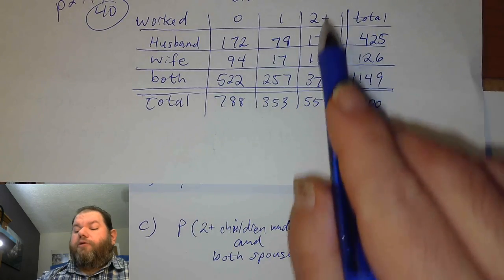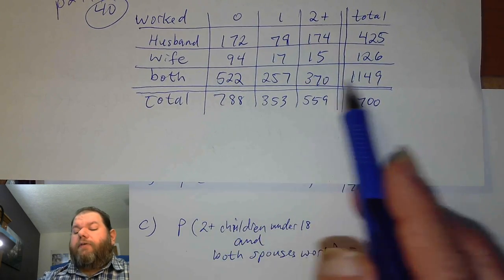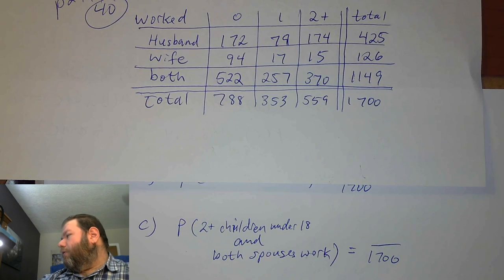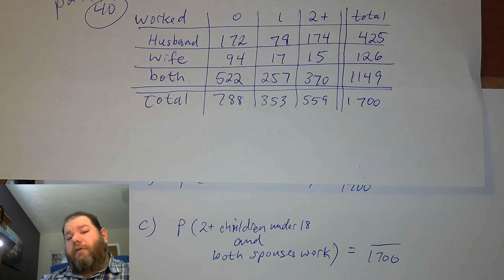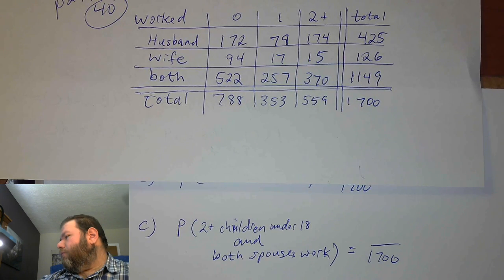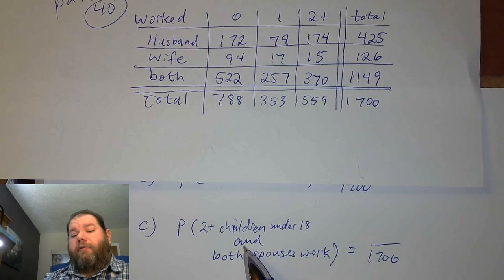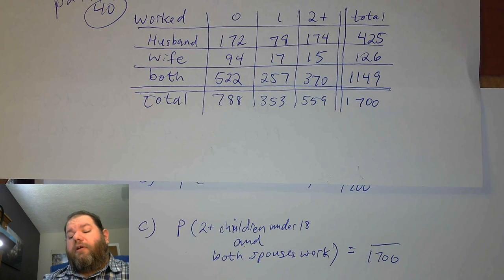So we have 2 children under 18. We know that's that column. Both spouses working is this row. And we look at where that column and that row overlap, because anytime it says and, we know that's an intersection. So what is the intersection of that column and that row? 370.